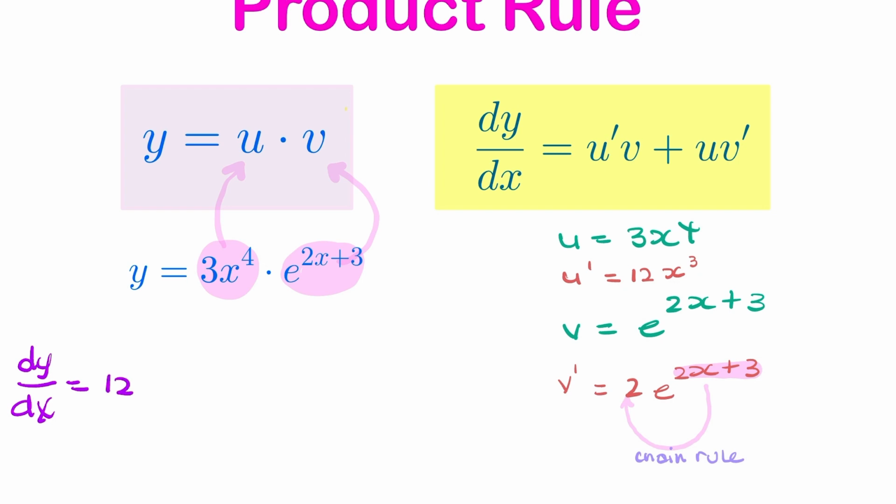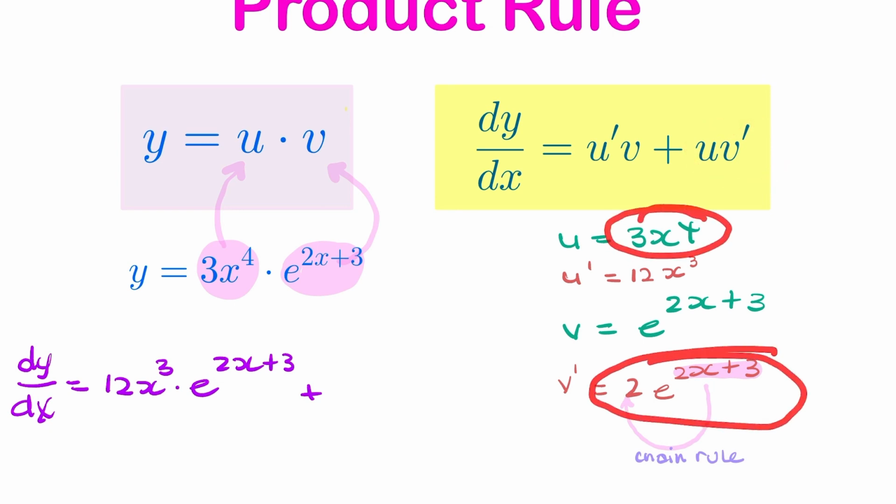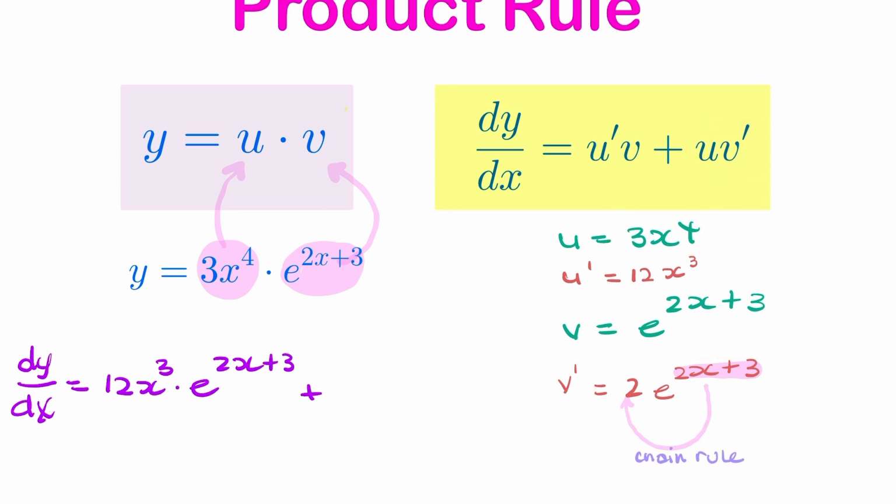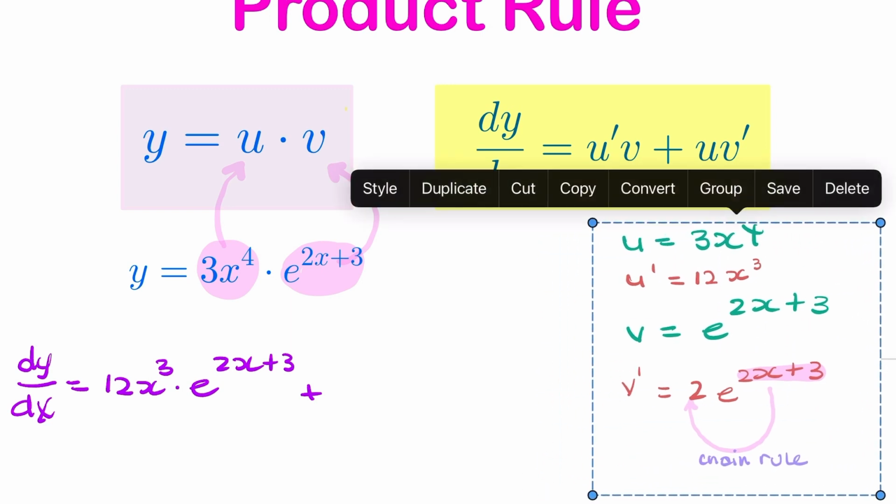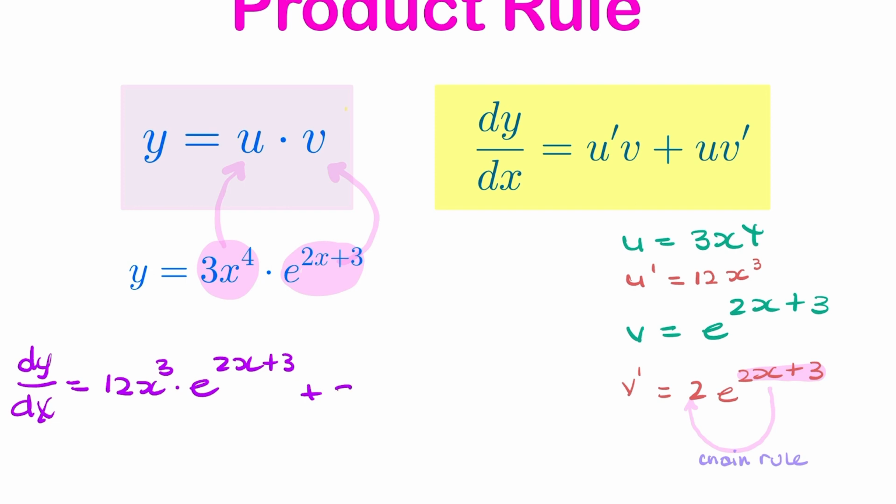So that's 12x cubed multiplied by e to the 2x plus 3. And I add to that u v dash, so that's u multiplied by v dash. So plus 3x to the power 4 times 2e to the 2x plus 3.